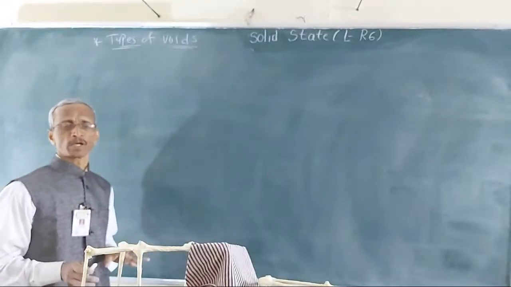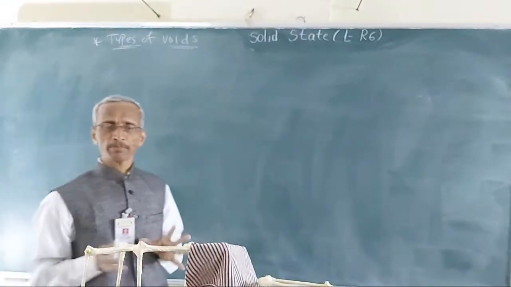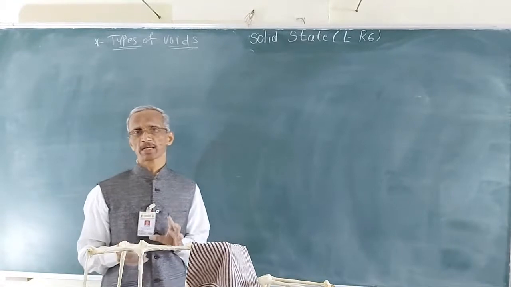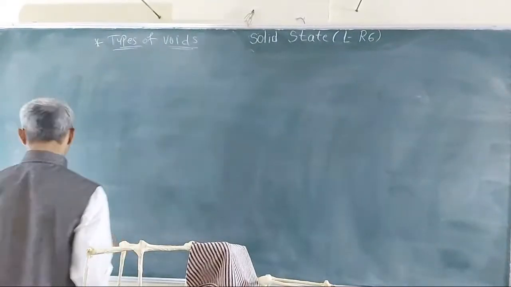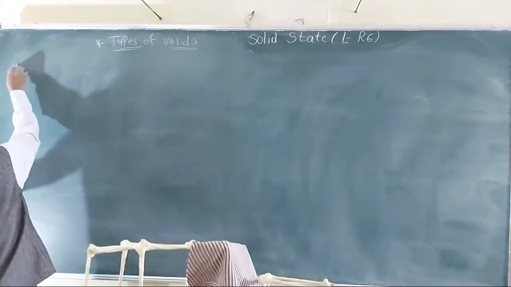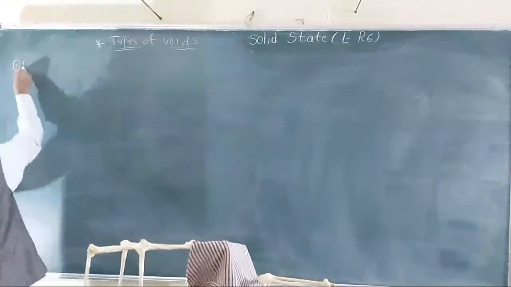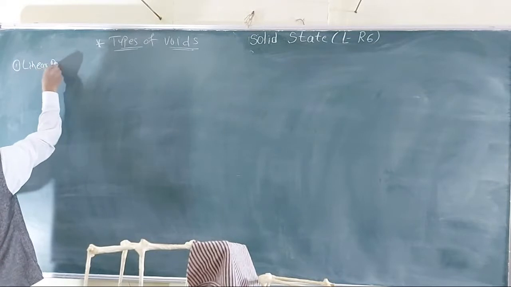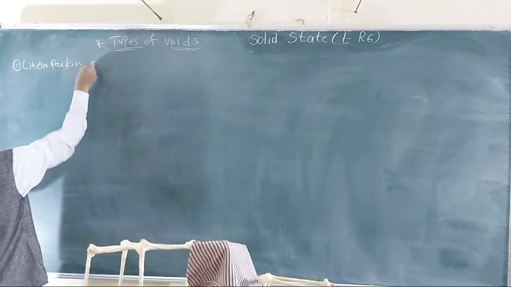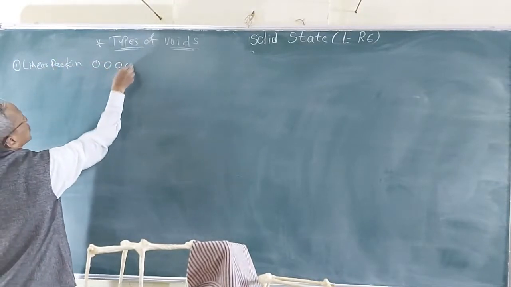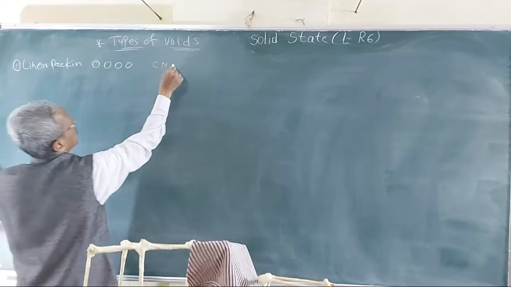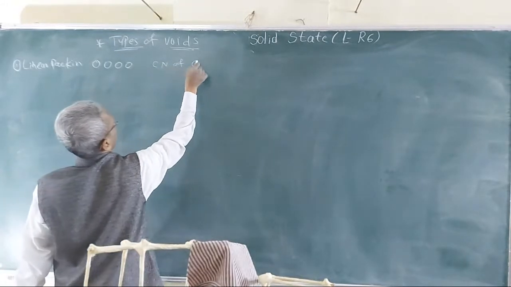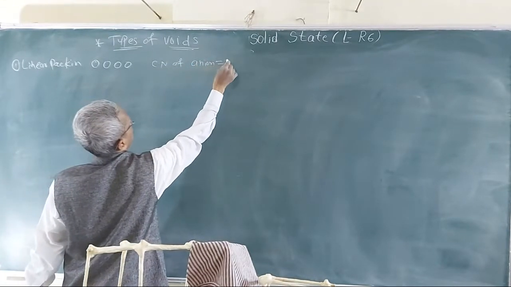So here also, when any unit cell forms, that is the basic fundamental building unit in a crystalline solid. So here the packing type is a linear packing, where the coordination number of each is 2, and here in the empty space, the coordination number of the anion is equal to 2.